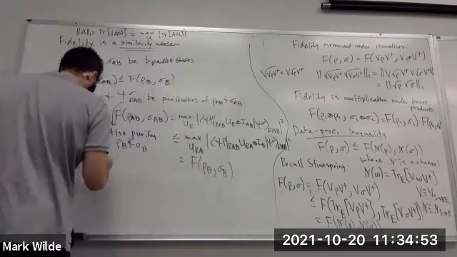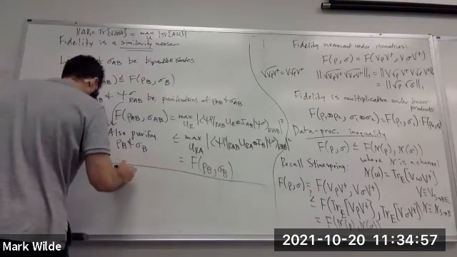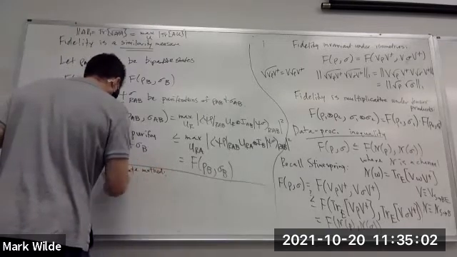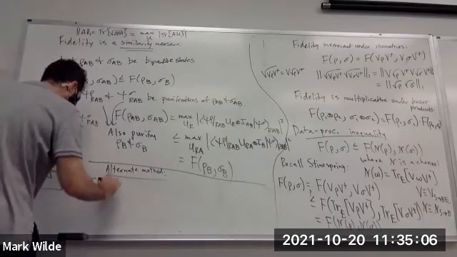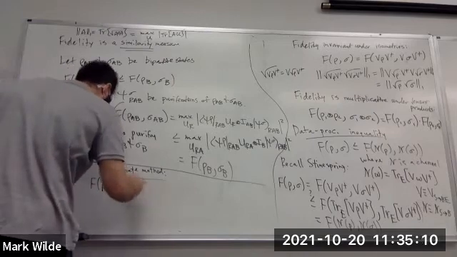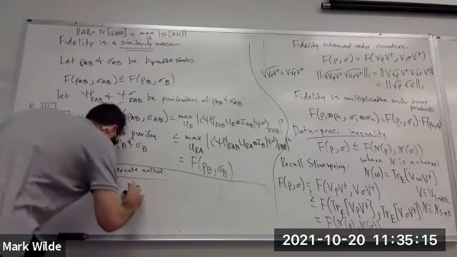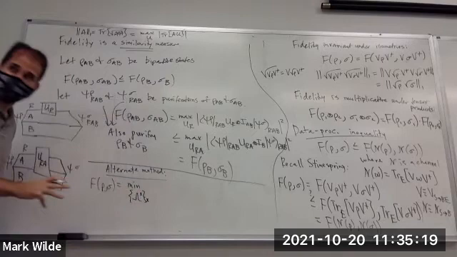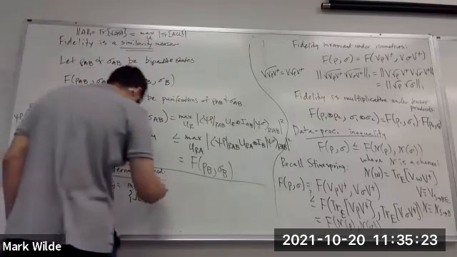So let's do this, an alternate method. Fidelity is also equal to the minimum of the classical fidelity. This is an optimization over POVMs, generalized measurements.